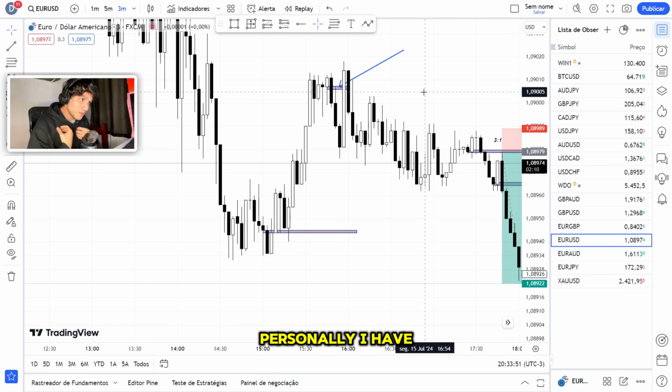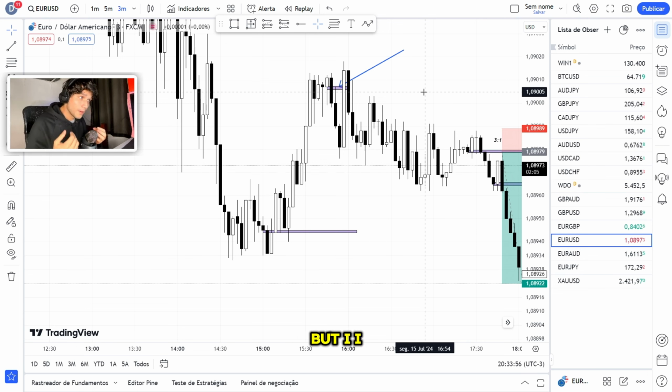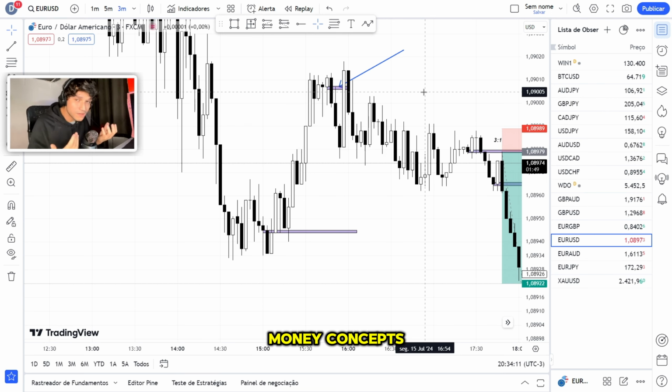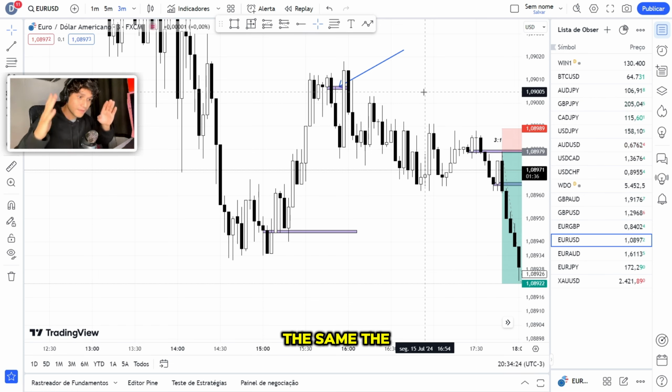Personally, I have tested this order block so many times, but I'm not profitable yet with just this. You need to use all the smart money concepts to become profitable. Only this can make you lose money and can make you win money. The same thing, you can lose, you can gain money.